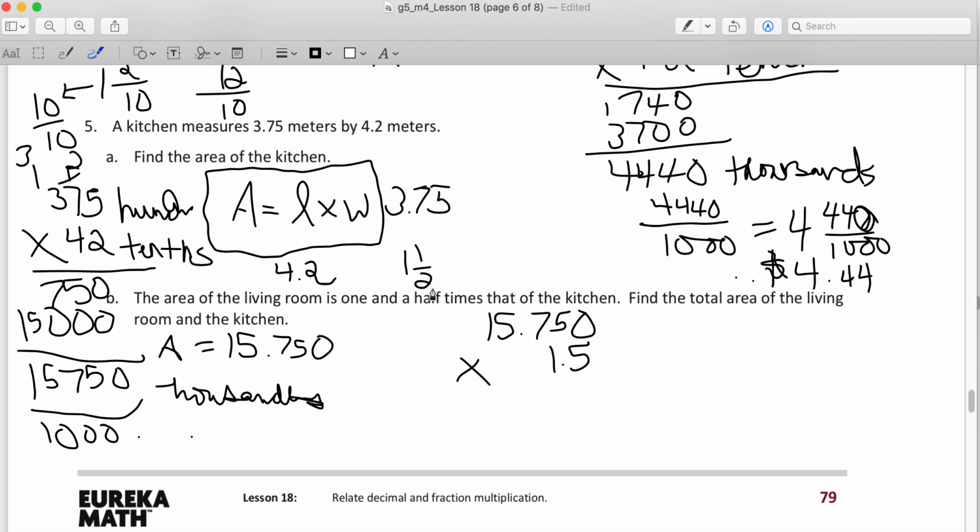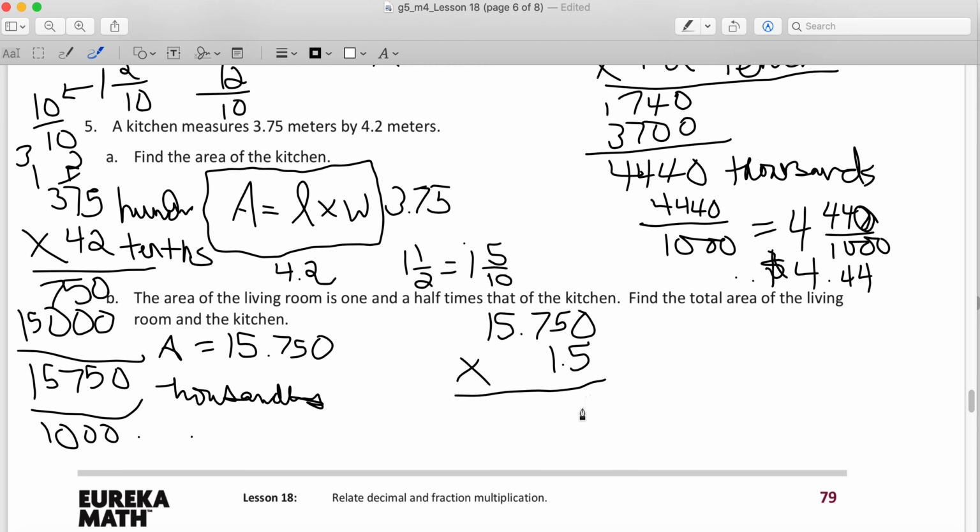1.5 looks like that, which is really 1 5/10, or you could think of it as 3/2. You could think of it like that. But this is the same thing. 1/2 is the same thing as 5/10. And I did that so that I could put it in decimal form.